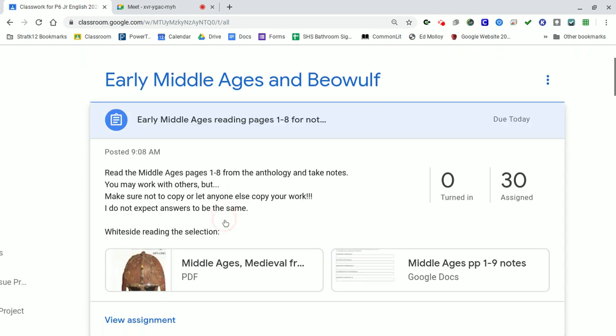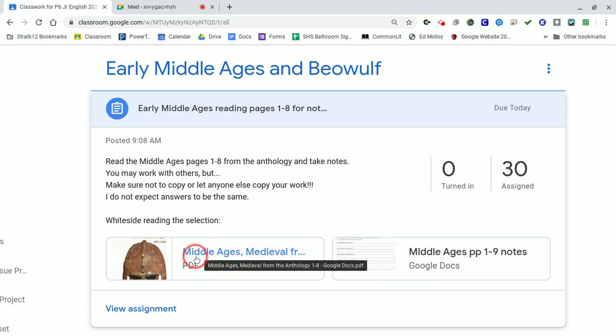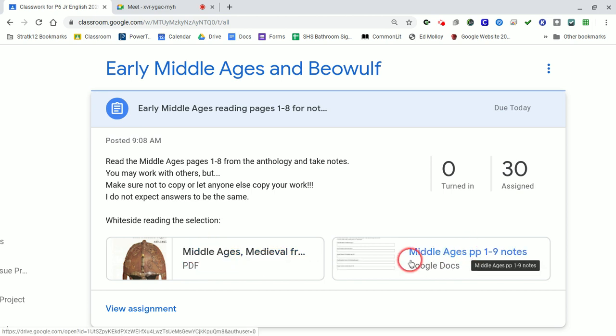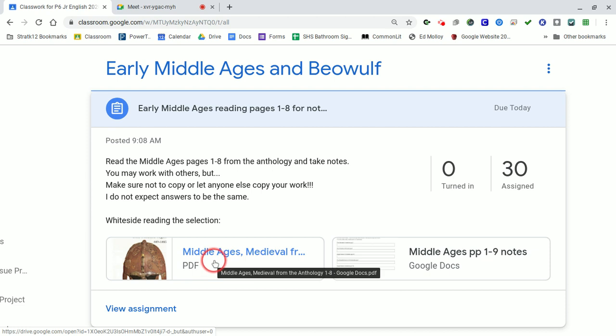it shows two attachments. One is going to be the reading, and the other is going to be a note sheet. I'm going to ask you to open the reading, do the reading, and fill out the note sheet. Make sure that when you fill out the note sheet, even if you listen to me talk, even if you talk to each other and help each other out, do not copy exactly the same as somebody else is writing.